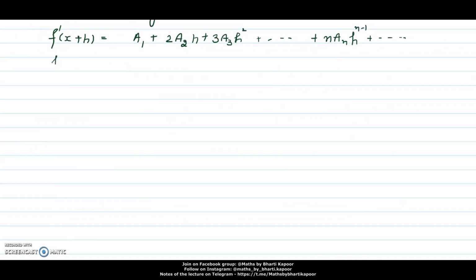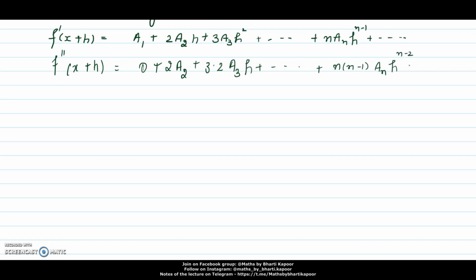Again differentiating both sides, we will be getting f''(x+h) equal to 0 + 2a2 + 3·2 a3 h + and so on, n(n-1) an h^(n-2) up to infinity. Let's differentiate both sides one more time with respect to h.